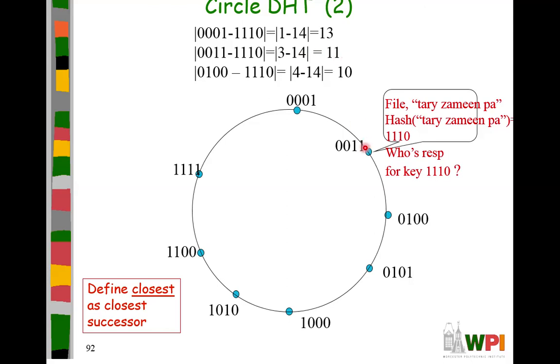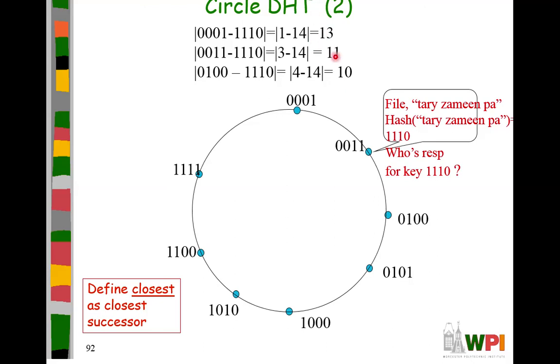It also knows about its predecessor, so it compares the key with the predecessor ID. That is a difference of 13. It also knows about its successor peer, so it compares the key with the successor identifier as well. That is 10.